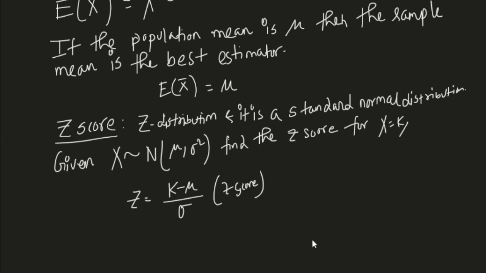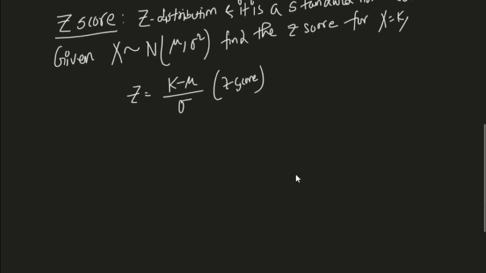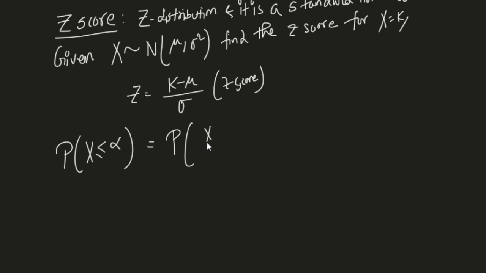So what it means is that the z-score basically follows the normal distribution. Now how to find probabilities of certain things? Suppose we have to find the probability of x less than or equal to alpha. Okay, if this is the case, then what we do is we subtract the mean on both sides first, then we divide by the standard deviation.